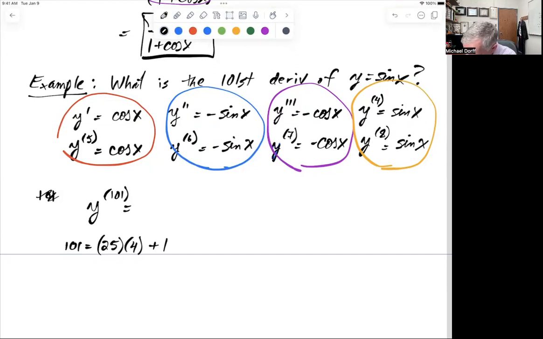And this part here is just going to keep giving me the same result over and over again, because it repeats every 4. So this is going to tell me that the 101st derivative of sine x is going to be the same thing as the first derivative.